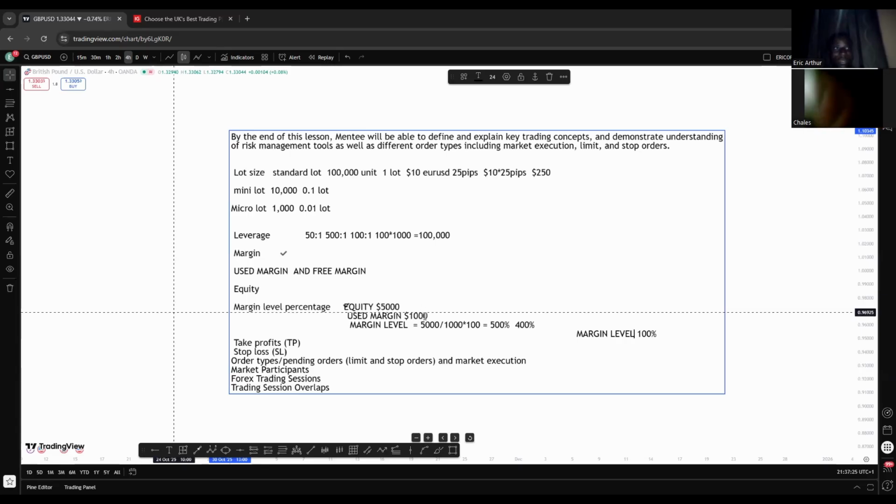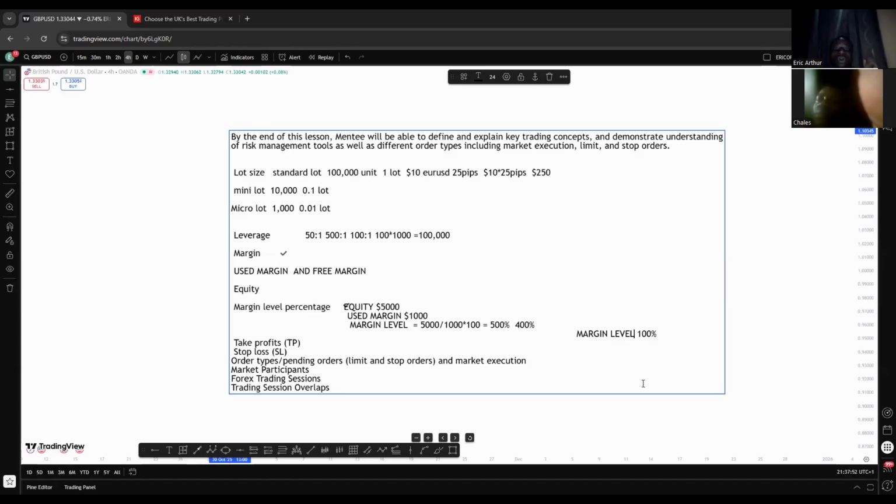When your equity is equal to your margin, your margin level is 100%.